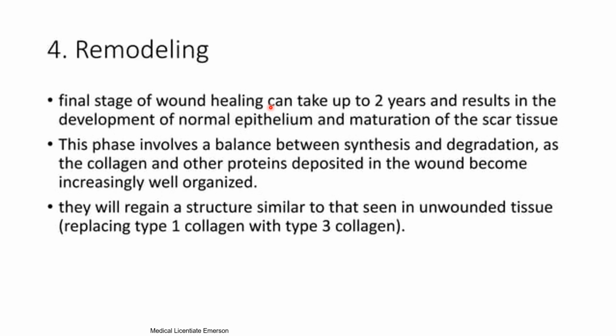So meaning 2020, 2021, 2022 without getting pregnant. And if they want to get pregnant, then of course they should do it in 2023. That is 2 completed years, because the final stage may actually take up to 2 years.